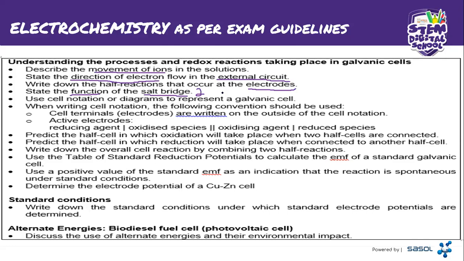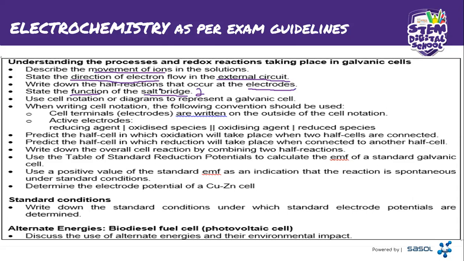Secondly, we said it maintains ionic neutrality. It maintains ionic neutrality. Or other learners could say it maintains electrical neutrality, which means instead of using the word ionic, other learners would use electrical.